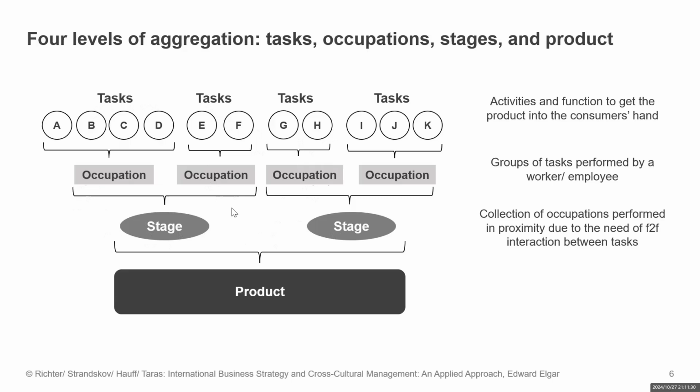Stages are clusters of occupations and tasks. So, for example, in phone manufacturing, the design and development stages include design engineers or software developers. And then you have the production stage, where you would have assembling technicians or quality control inspectors. So these are all different stages, occupations, and tasks that are important for a value chain.